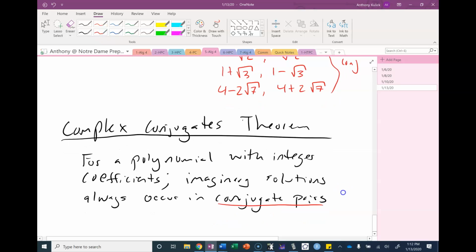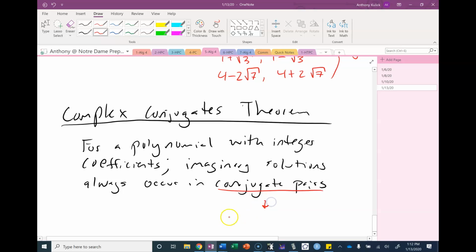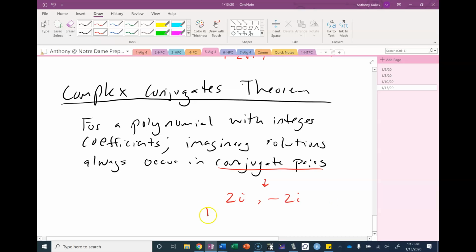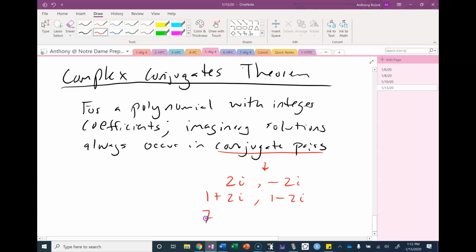And again, if we're talking about complex conjugates, like 2i and negative 2i are conjugates, or 1 plus 2i and 1 minus 2i, or 7 minus i root 3 and 7 plus i root 3. All of these are examples of conjugate pairs.